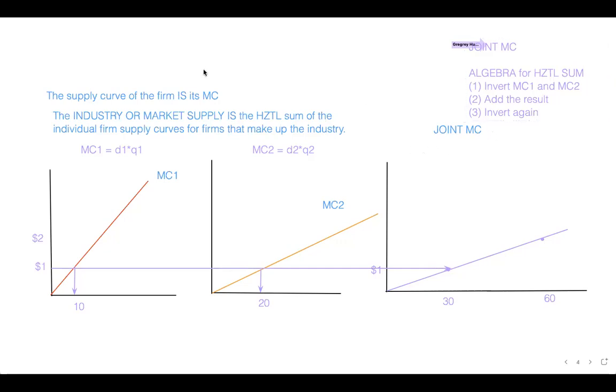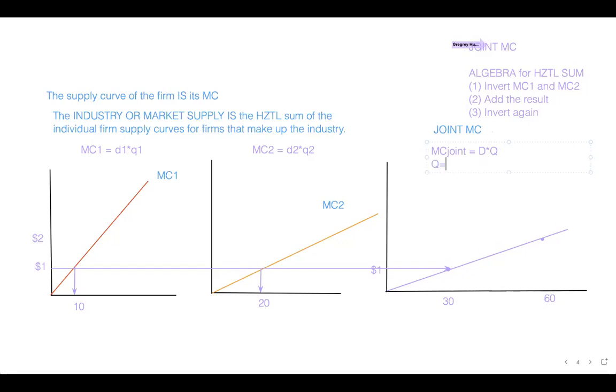And the joint marginal cost function algebraically will be MC joint is D times Q, where Q is the industry quantity.